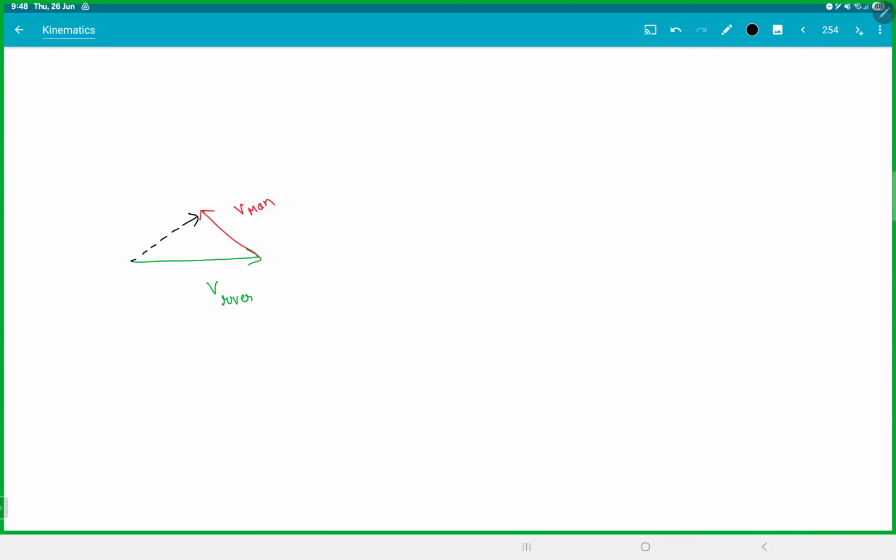Isn't that the meaning of the triangle law? The river is pushing you along the green line and you're pushing along the red line. So you reached from here to here. So this black line will be the actual velocity of the man as seen from the ground frame. This would be the actual direction of the man, or you can see the actual path of the man.